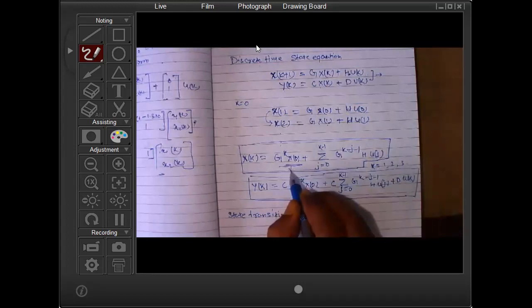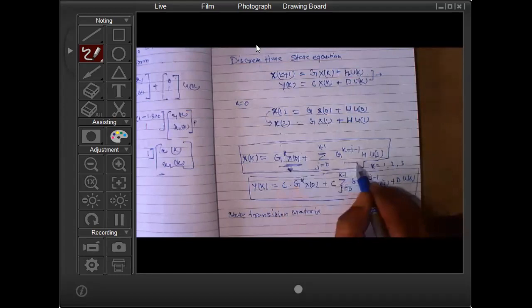In the solution of the state space equation, this part comes from the initial value, which means it depends on the initial value of the state variable, and this part is due to the nature of the input applied to the system.